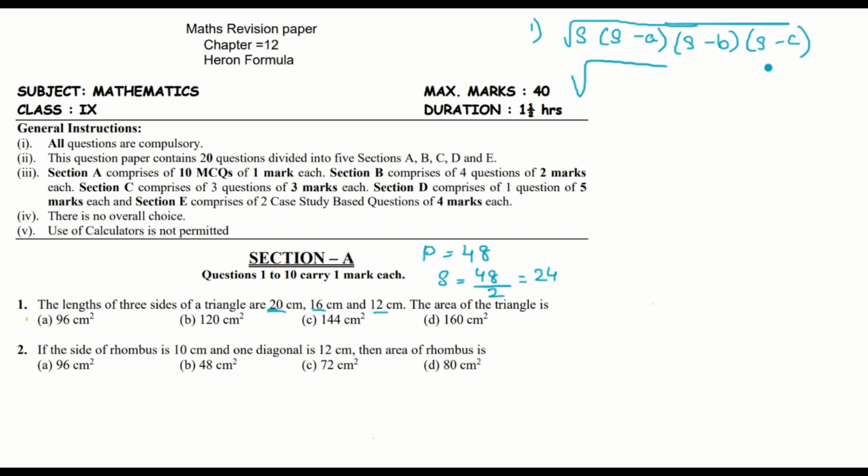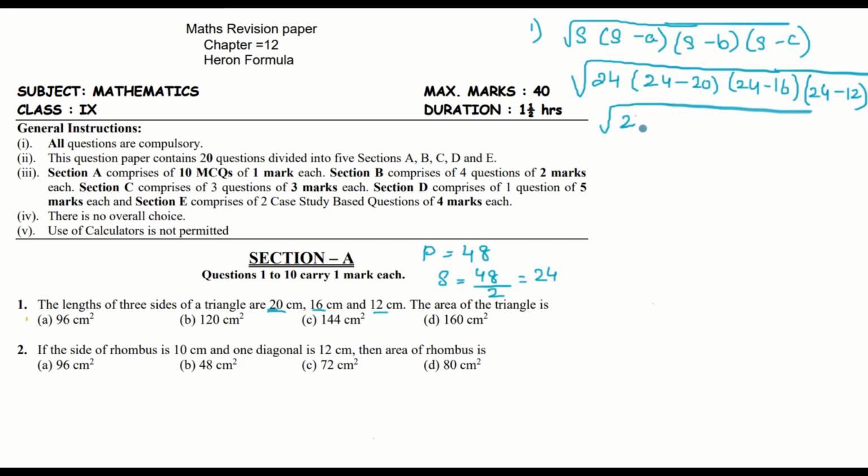S is 24, and 24 minus the first side 20, and the second side 16, and the third side, which is 12. So here, 24 into 4 into 8, then 12.